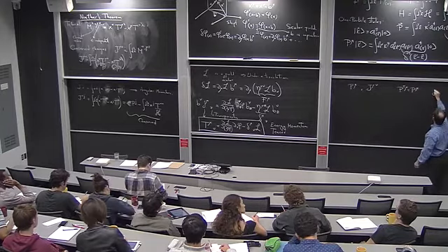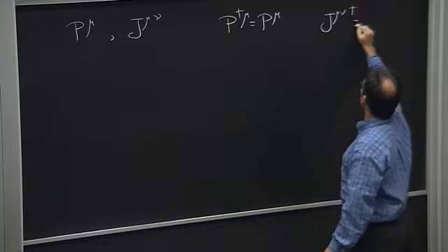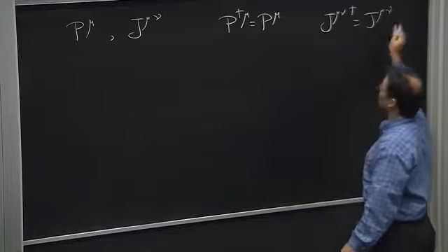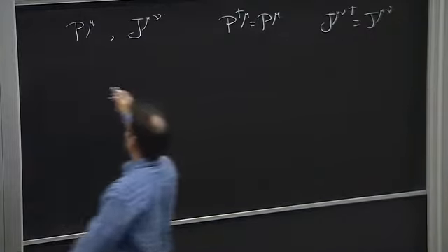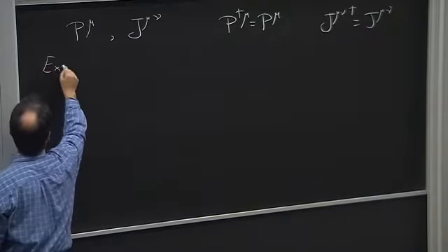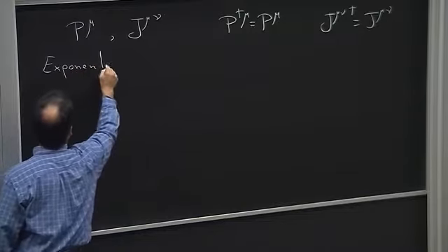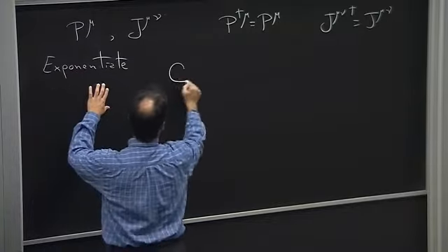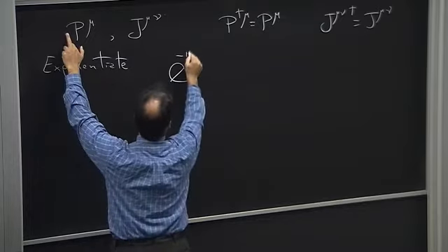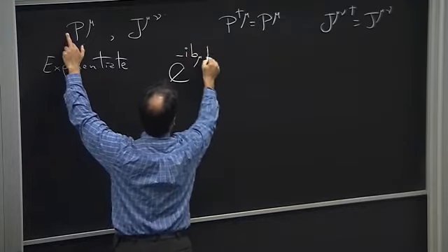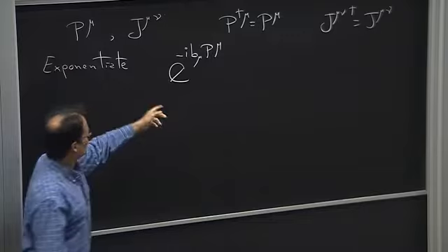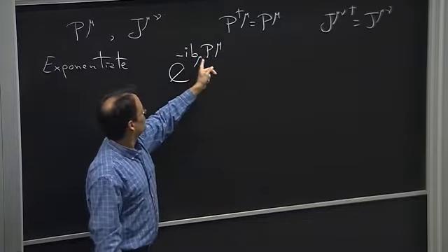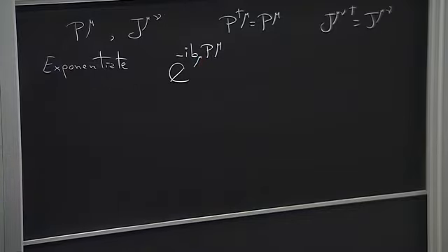Well, it turns out that J is also Hermitian. And if you exponentiate them, you can construct an operator. I'm going to exponentiate it with a parameter b mu, and guess what this becomes?